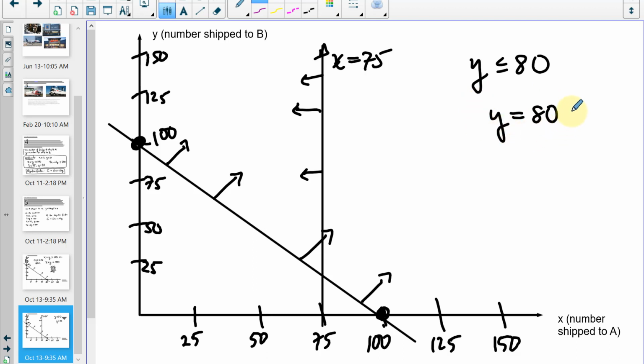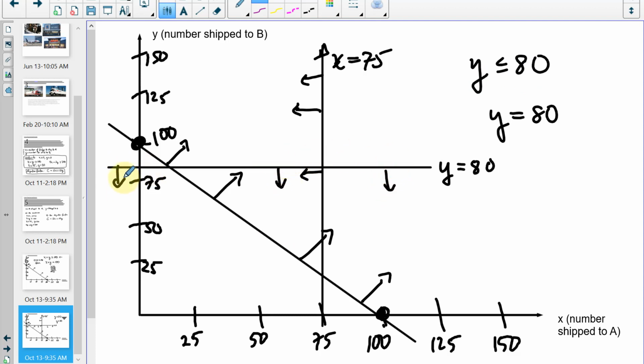Graphing the boundary line first, y equal to 80 might be somewhere like that. Then again, I could test a point, like 0, 0, to see if it's true, and it is true. So I know that I would shade down, but it's pretty clear immediately that the points that make that true are shading downward from that boundary line.